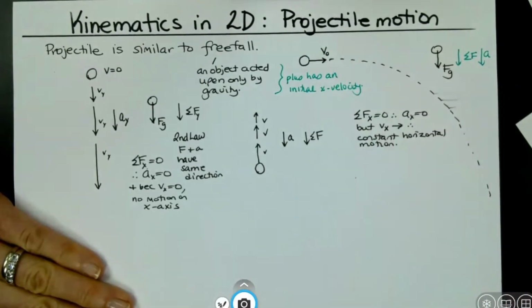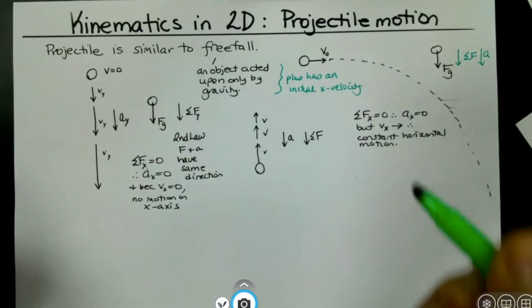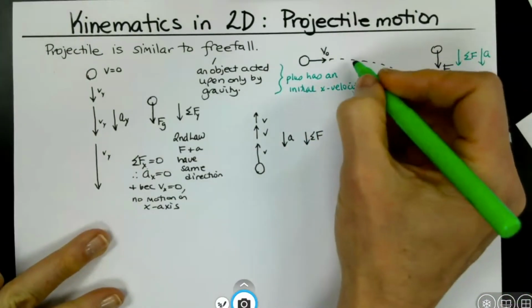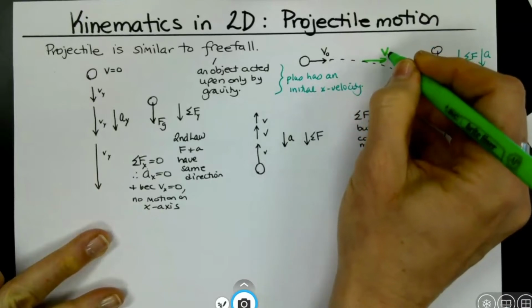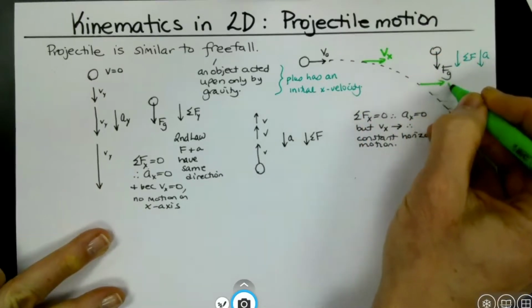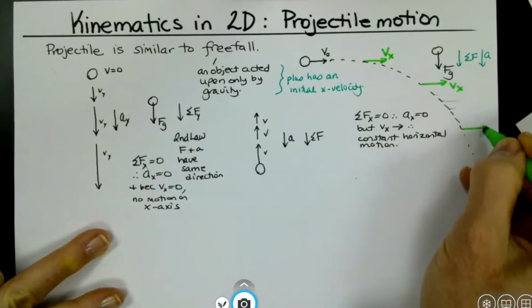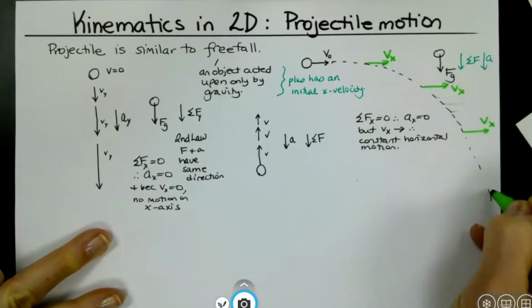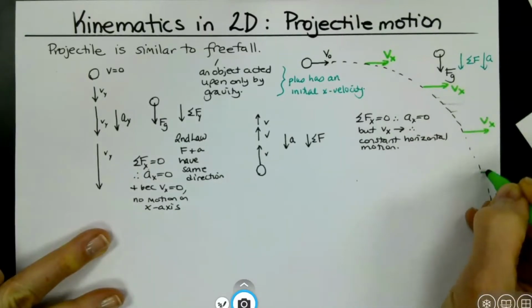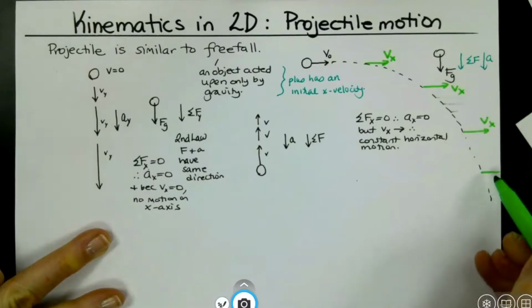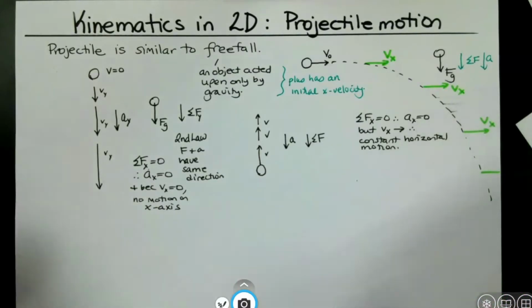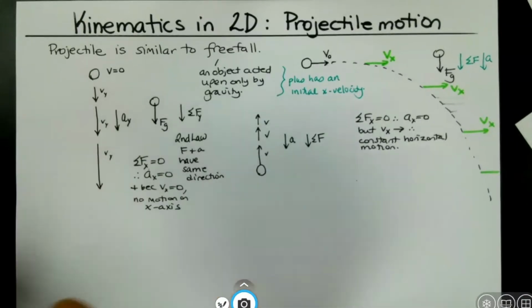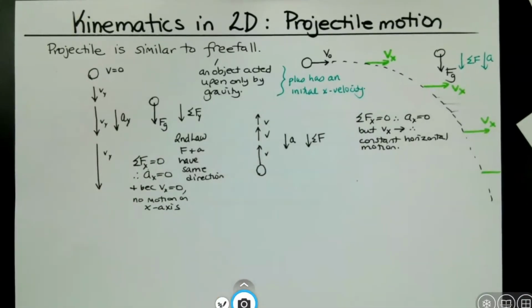So what does that look like? Well, if I were to draw the x component at every spot along this trajectory, it would be constant at every single point, the same value. And that's really hard for most people to understand, because when we look at a projectile, we feel like it's increasing speed or decreasing speed.